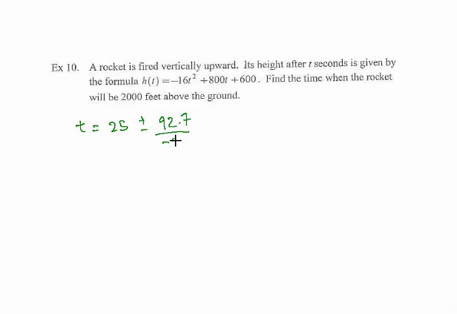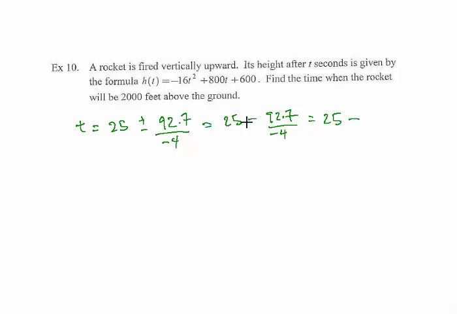over a negative 4. So what we're going to do here is we're going to go with 25 minus 92.7 over a negative 4, and the minus minus is going to give us a positive number to add to the 25. If we had went with the plus, then we'd end up getting a negative number for time, and we don't want that.